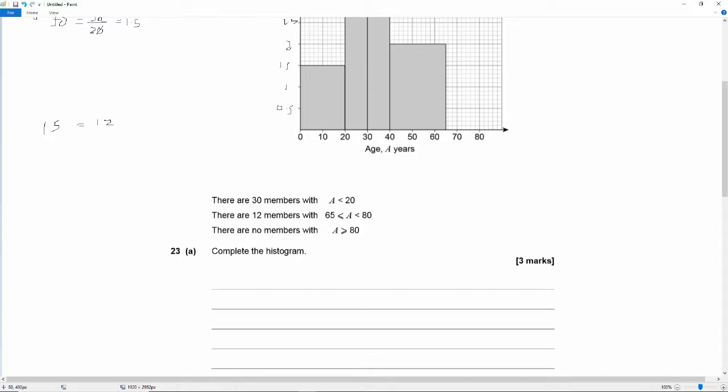I should actually call it what it is. So frequency density is equal to 12 over 15. Well, 15 is 3 times 5, and 12 is 3 times 4. So this cancels to 4/5, which is 8/10 or 0.8.